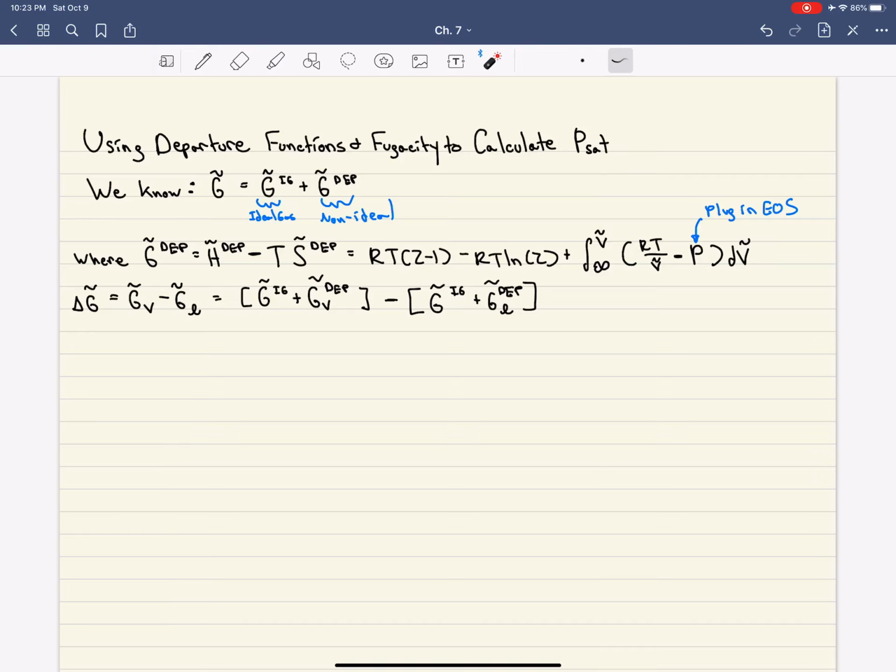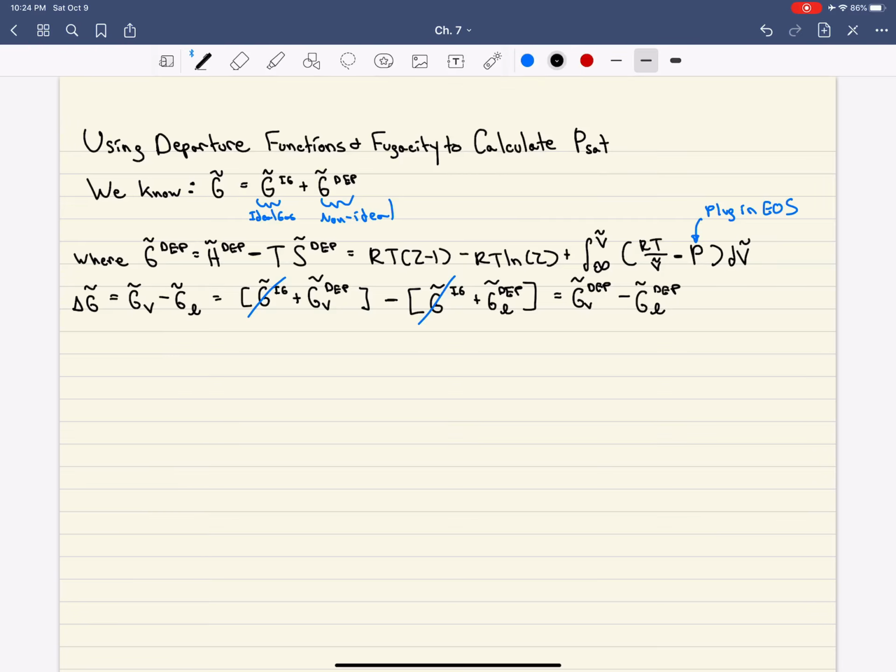That means the ideal gas contribution between the vapor and the liquid phases are the same. So if we're looking at the difference between them, those things are just going to cancel one another out. And so if we look at delta G using the departure function approach, we find that our delta G just ends up being the difference between the departure functions of the vapor phase and the liquid phase.